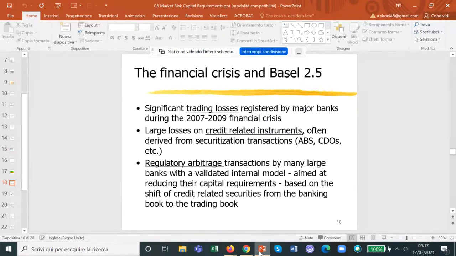The third issue that came out was that quite a number of banks were arbitraging the system. So basically what they were doing, remember, banks were allowed to choose whether they wanted to use the standard approach or the internal model approach for market risk capital requirements, okay? And pay attention, if you opt for the internal model approach, it's not so easy.